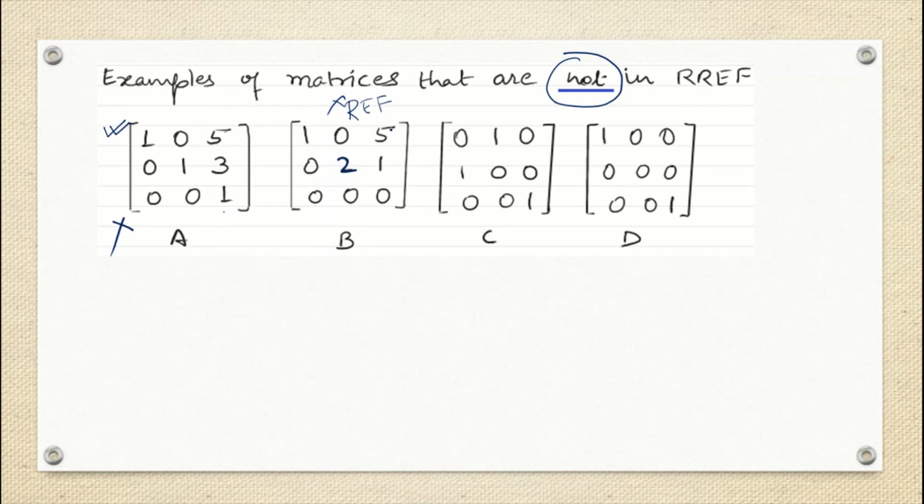Similarly, we can find that 5 is again present here. What about this matrix? This matrix is not in REF form, because of this 1 present here, this 1 should be on the right hand side of this one. So this is not in REF form, so it is not in RREF form also. Even this is not in REF form, because this 0 should be at the end of this matrix. So these criteria are there to see whether the matrix is in RREF form or not.